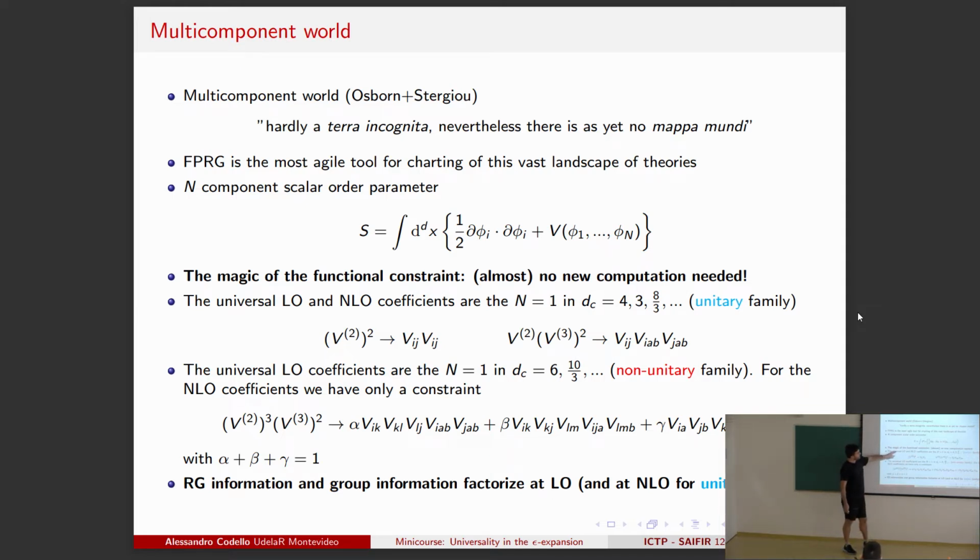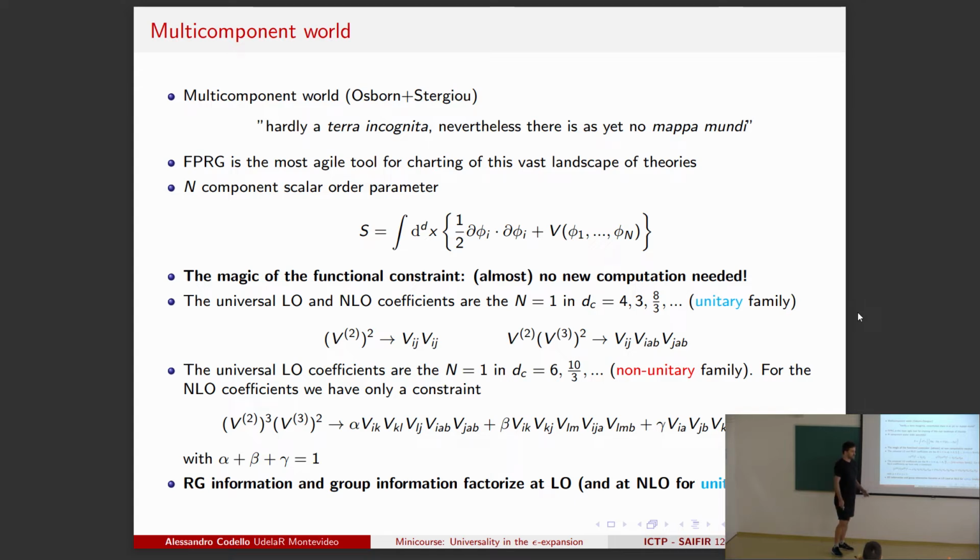So we saw that the first week was devoted to the theory of this approach. When you do the calculation at the functional level, where you don't specify the potential, you compute beta functionals, and everything is much simpler.